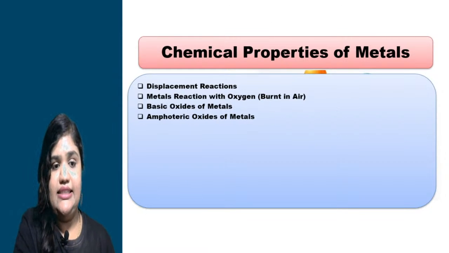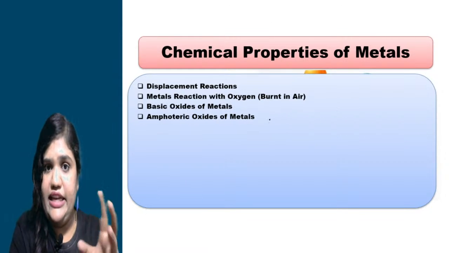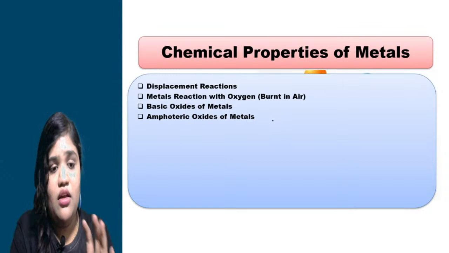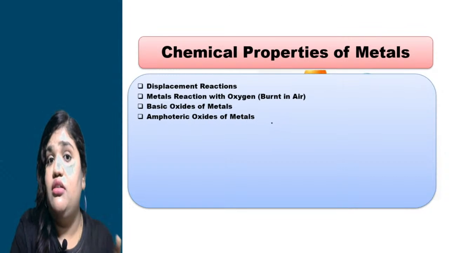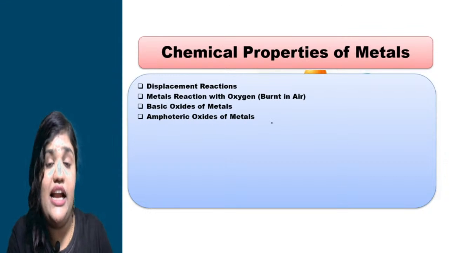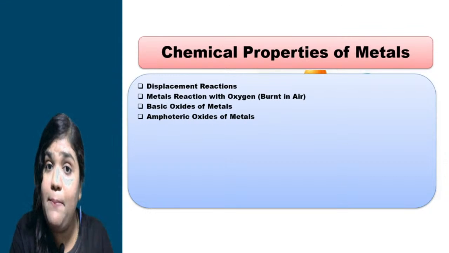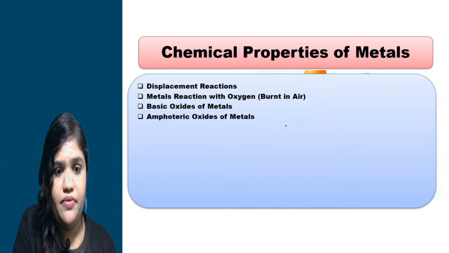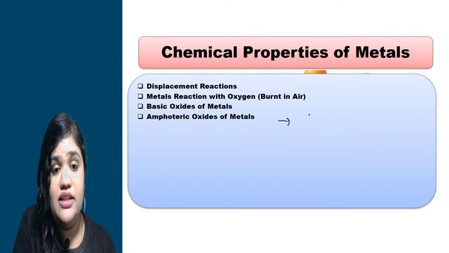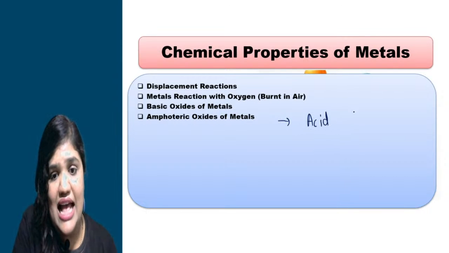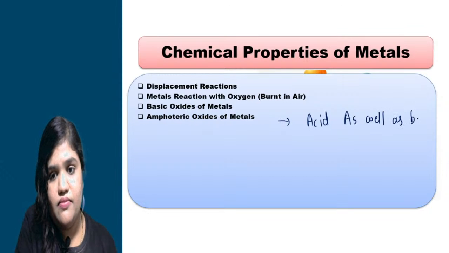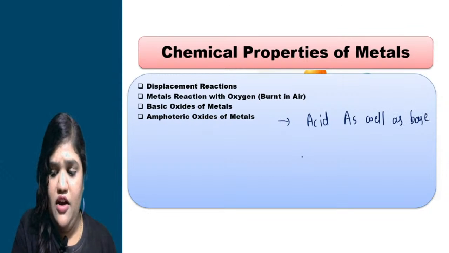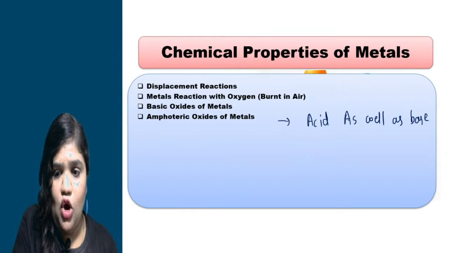Let me clear this. Now we are going to take one example, a metal oxide that will react with acid as well as base, and we are going to see what will happen. Basically, when a metal oxide reacts with acid as well as base, there is a formation of salt and water.